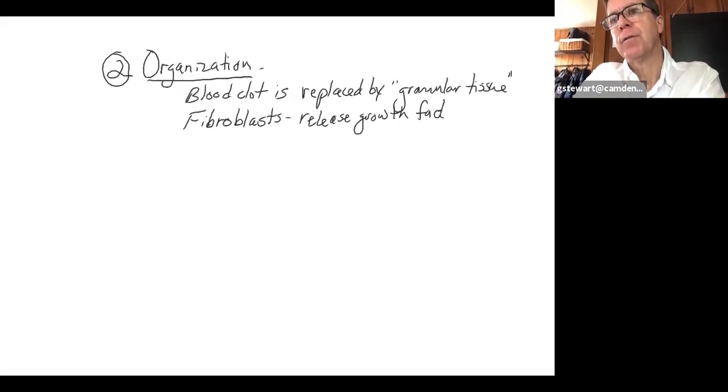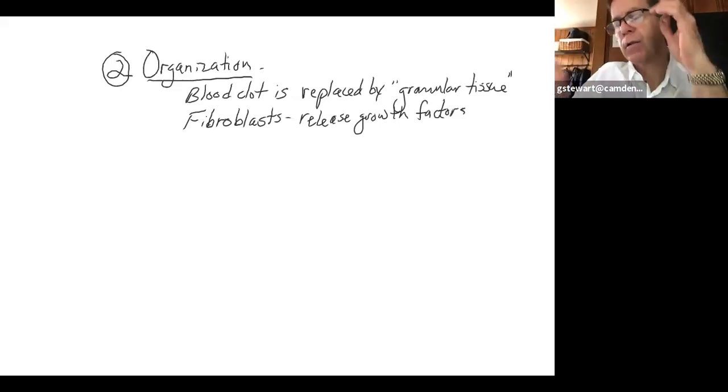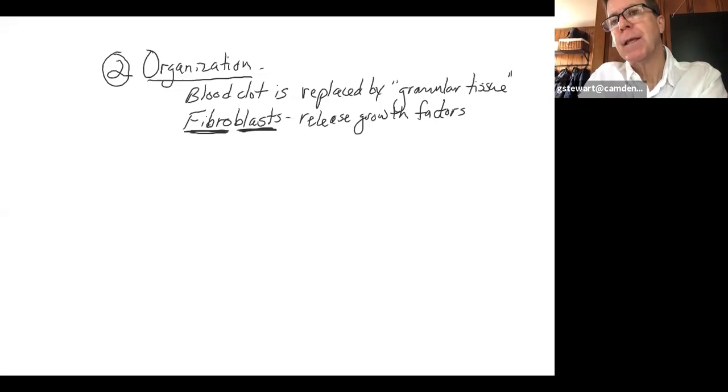They're just hormone-like chemicals that help initiate growth. I'm going to expect you to know what a fibroblast is by deciphering this word. So let's review this. What is a fibroblast? It's an immature cell that secretes fibers. And in this case, it also releases chemicals called growth factors.